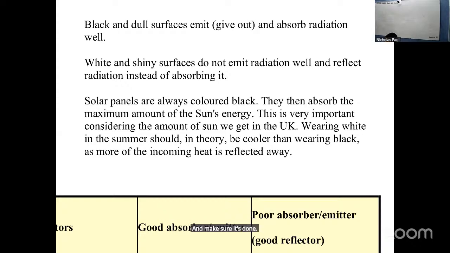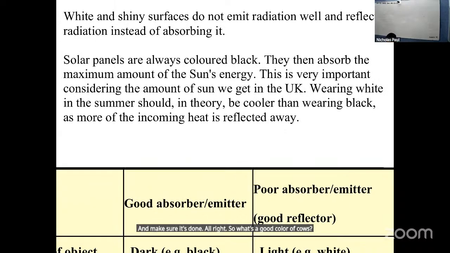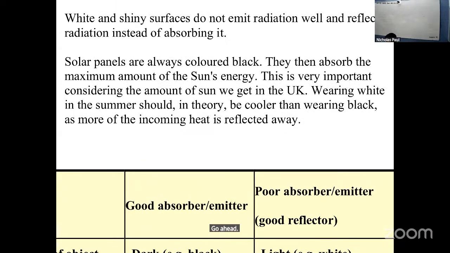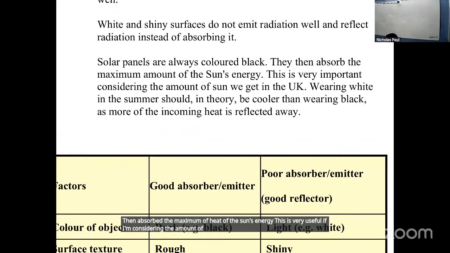What's a good color for a car? Solar panels are always colored black. They absorb the maximum of the sun's energy. This is very important considering the amount of sun we get.